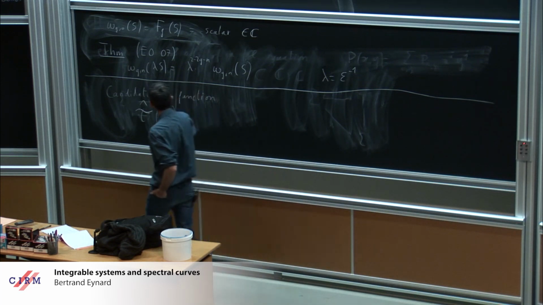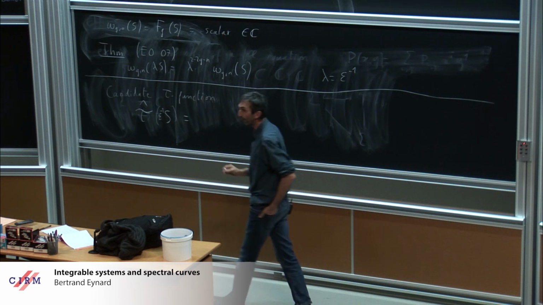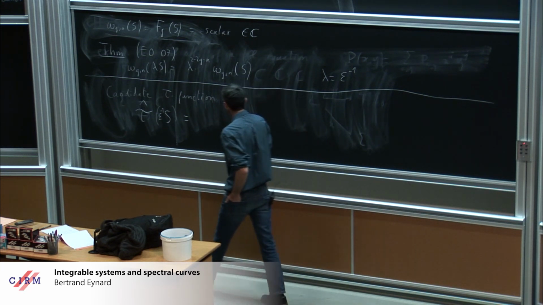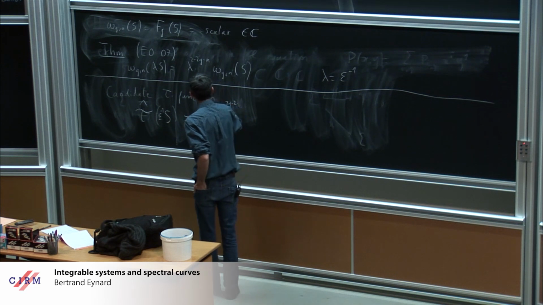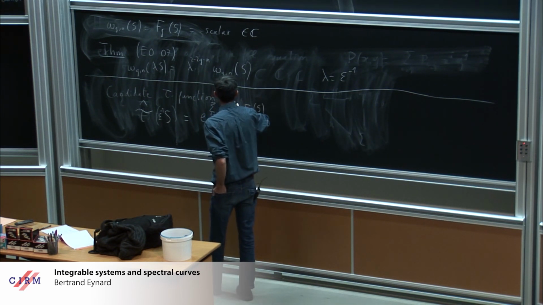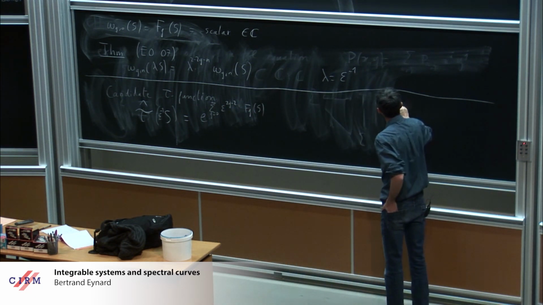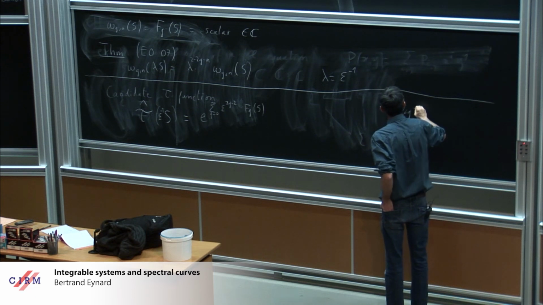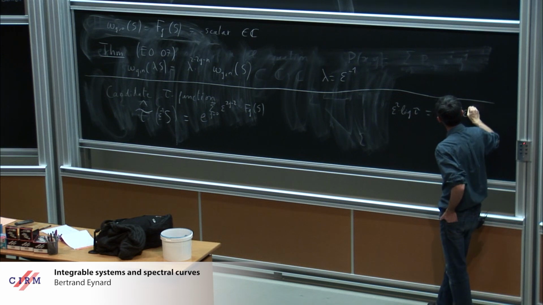But epsilon to the -1 s, it will be defined for the moment as a formal series. Exponential of the sum of epsilon to the 2g minus 2, g equals 0 to infinity, fg of s. So it means that epsilon squared log tau is a formal series in epsilon.